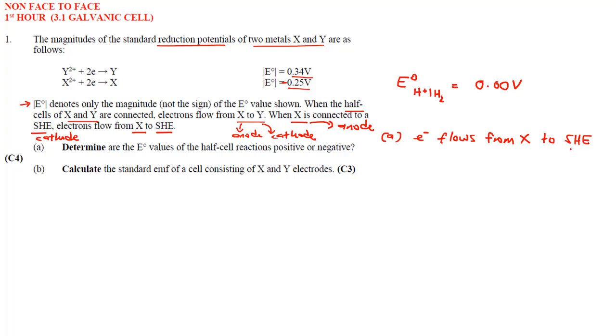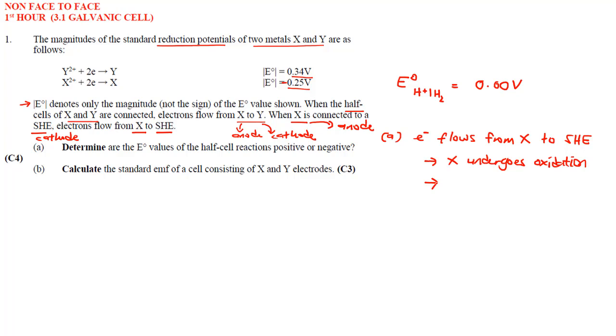So apa maksud dia? X tu undergoes oxidation. So E naught value untuk X tu mesti negatif lah.